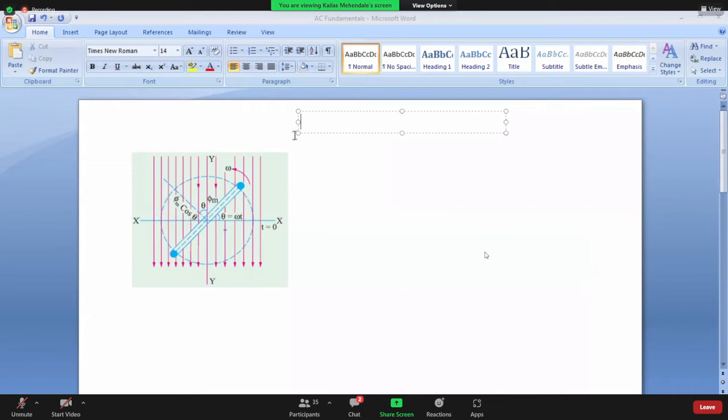What we have derived so far is that N phi is equal to N into phi m into cos theta, or N into phi m into cos omega t.